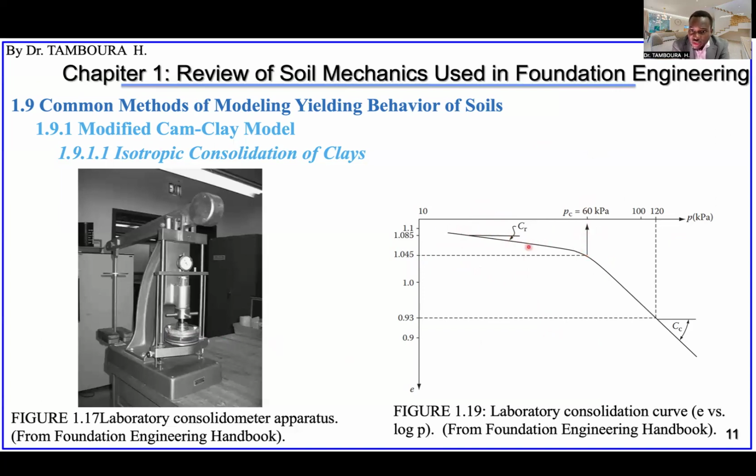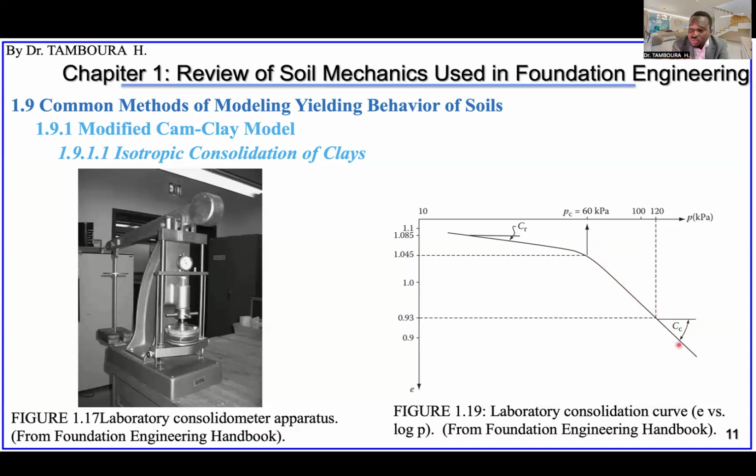This curve means the soil has already experienced all this type of loadings from here until here. And this point means the maximum load that the soil has experienced so far. When you go above this stress level, then you will observe excessive settlement, excessive consolidation, right?